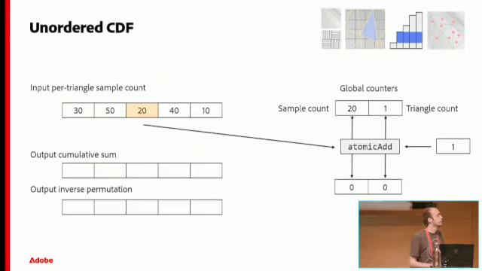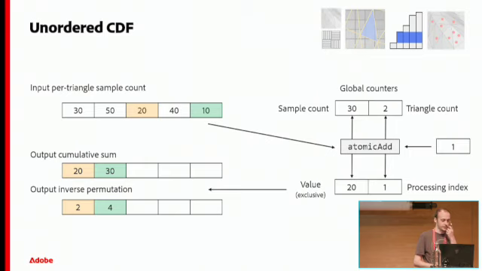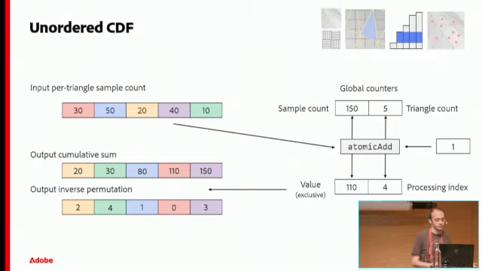We simply do an atomic add on these two counters, and that gives us where to write on the output cumulative sum and the values. Of course, what we get is the exclusive values, so we need to add the values from the buffer first to actually have the inclusive cumulative sum. And if we do that iteratively, in parallel of course, but the atomics are performed iteratively, we fill the buffer until we actually get our output.